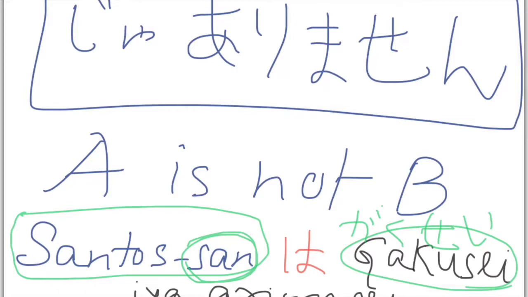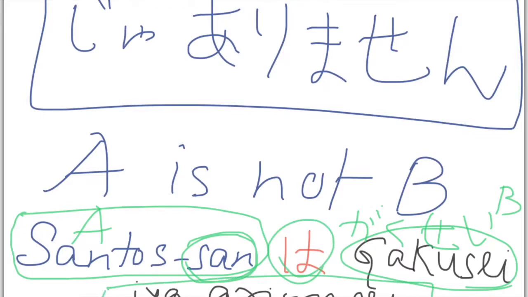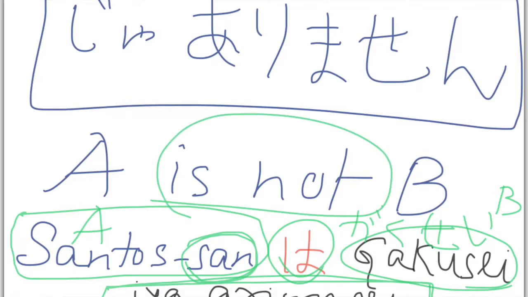Here the sentence means A is not B, that is, Santos-san is not a student. So this part is our A and this is B. And obviously wa is the topic marking particle, and ja arimasen means is not B. So this is the second sentence we have learned.